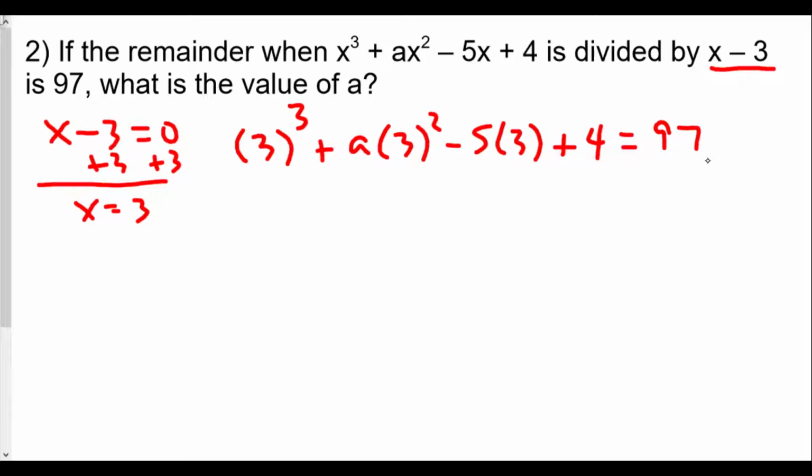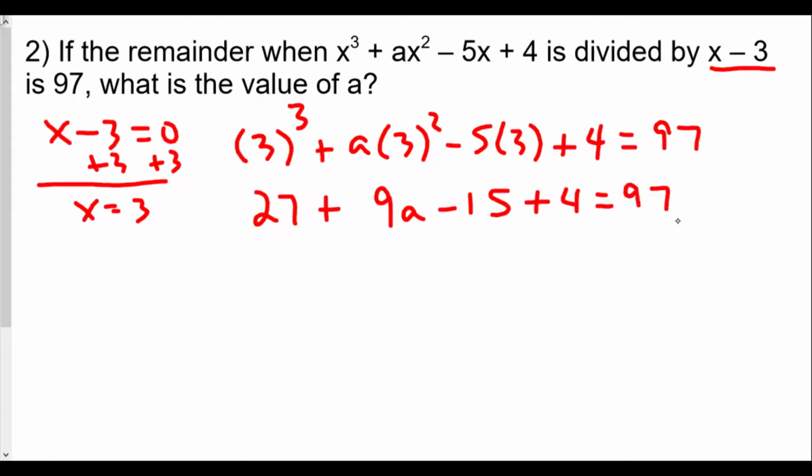This time around, we're not looking for the remainder. We already know what the remainder is, so it's what's going to equal this whole thing when I plug in x equals 3. But now we have to solve for a. So 3 to the 3rd is 27. 3 squared is 9, times a is 9a, minus 15 plus 4 equals 97.